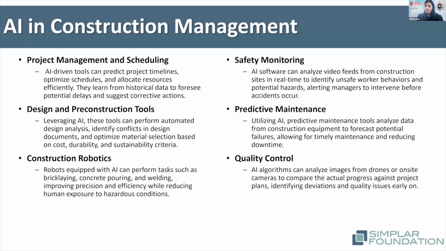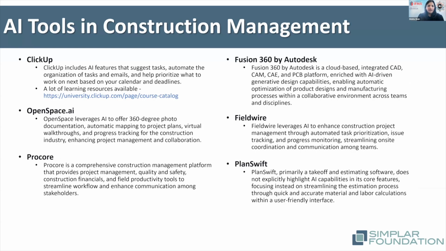There are safety monitoring applications, predictive maintenance, quality control. These are some of the tools. There are many out there. These are just some that I found interesting that could do different things with different applications, depending on what your requirements are again.